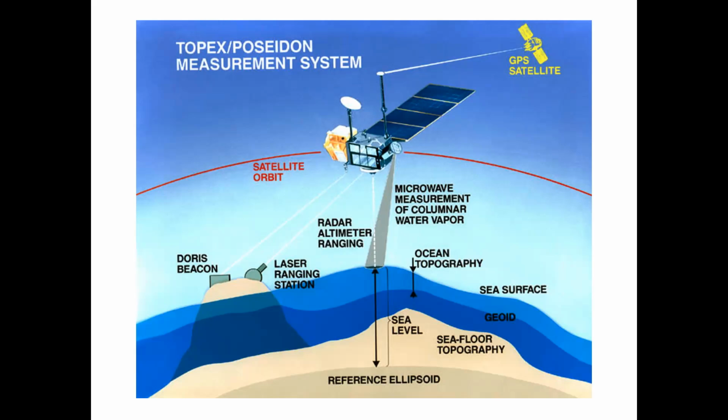So the areas covered, you can see it here. Let me grab the laser pointer for the time being. The footprint of the antenna is fairly large. So TOPEX Poseidon was measuring average properties of the sea and sea height over an area that we can also compute.